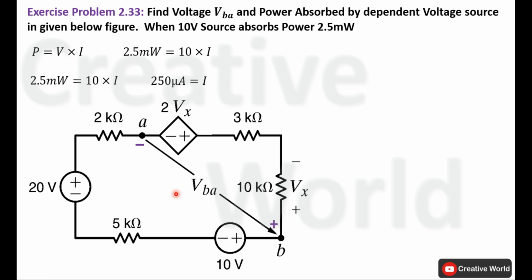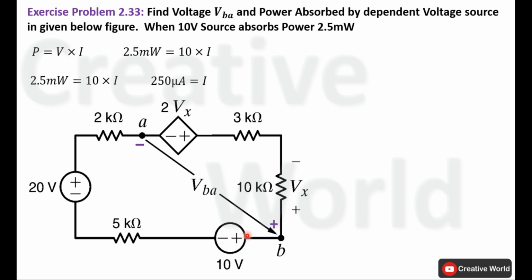We have calculated the magnitude of current through this circuit, but we still did not identify the direction of current. So now we will identify the direction of current inside this circuit. It is provided that the 10 volt source is absorbing power. And we know that in order to absorb power, the current should enter from the positive terminal of that element.